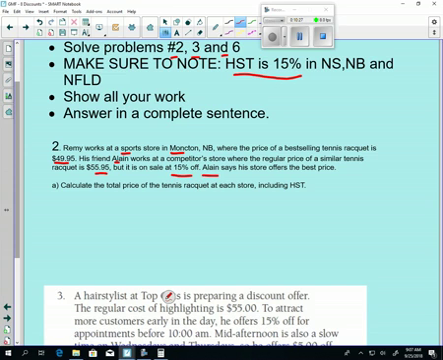Is he right? So what you need to do is calculate what is going to be the price once you take off the 15%. Is it going to be smaller than $49.95 or bigger? If it's smaller, then Alain has the better price. If it's bigger, then the first store that Remy went to is a better price.